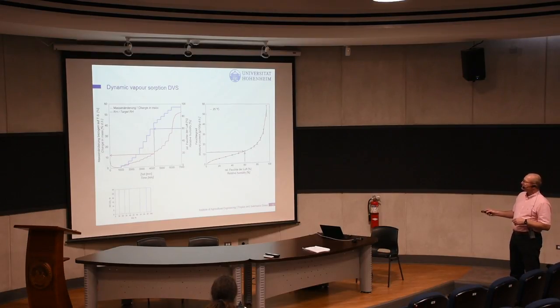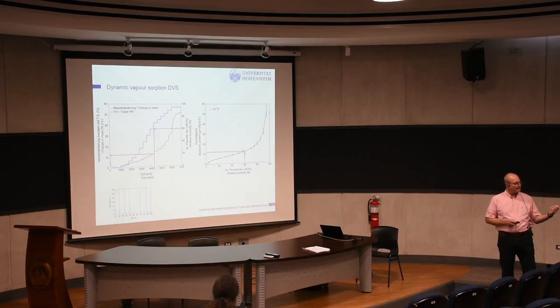The blue line here is the stepwise increase of the relative humidity. And the red one is the weight of the sample. And the weight is proportional to the moisture content.